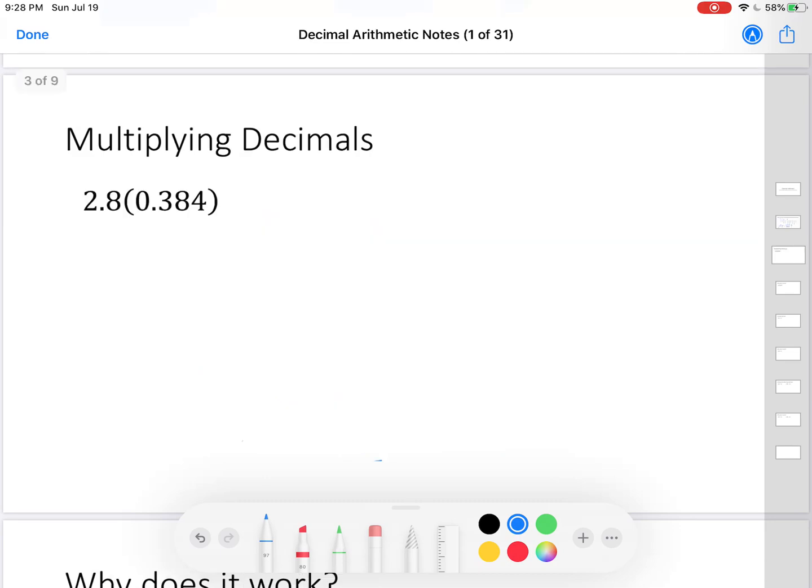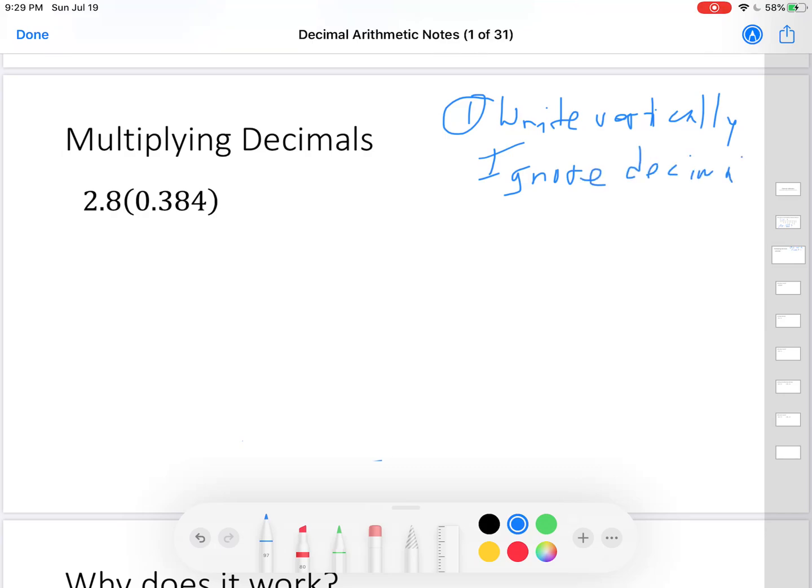Okay, so let's multiply. Step 1, I want you to write it vertically, and ignore the fact that it has decimal points.